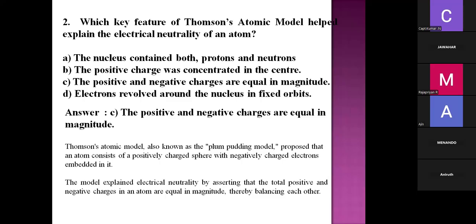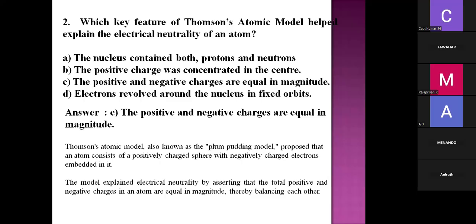Bohr proposed that electrons travel in fixed orbits around the nucleus, explaining atomic stability and spectral lines, which Thomson's model could not address. Main thing, Thomson's atomic model was the first attempt to describe the internal structure of an atom.